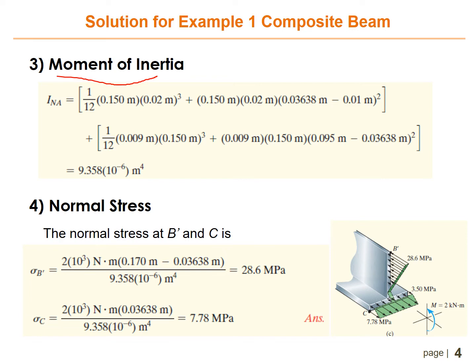So the moment of inertia for this section is 9.358 times 10 to the power of negative 6 meter to the power of 4.